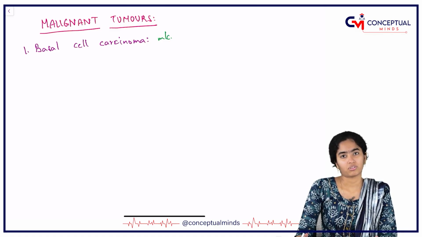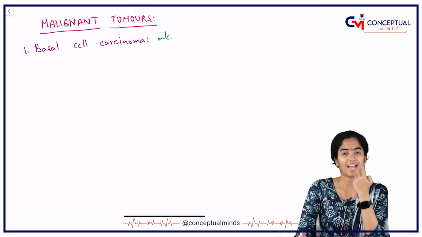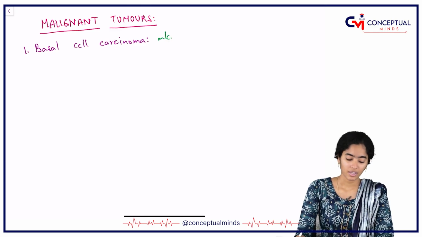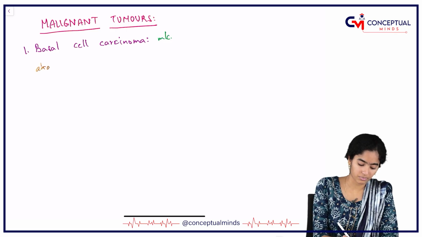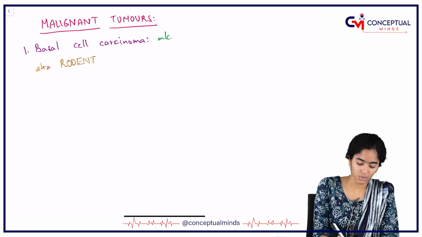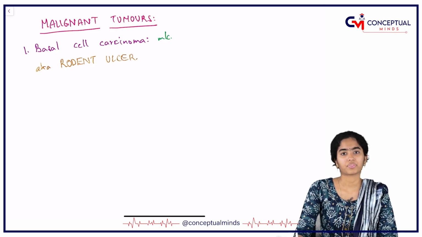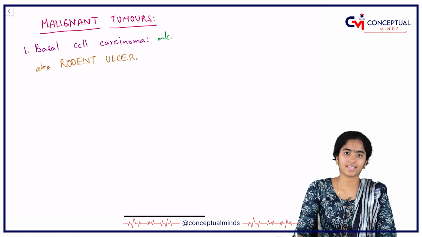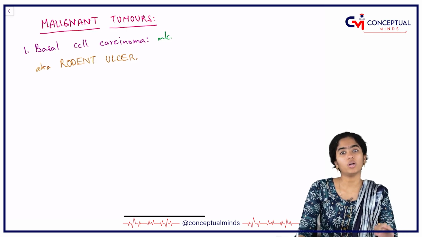Again, middle to upper age group, around 40 to 60 years. What you will see is on the tip of the nose or on the ala of the nose, it first begins. Now, this is also called a rodent ulcer. Basal cell carcinoma is also called rodent ulcer. It will initially present as a small cyst or a papulopearly nodule or an ulcer with rolled edges.